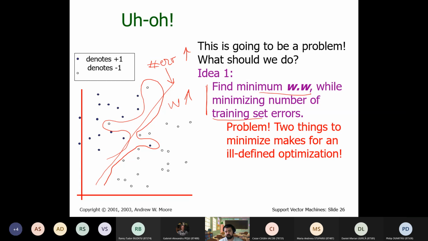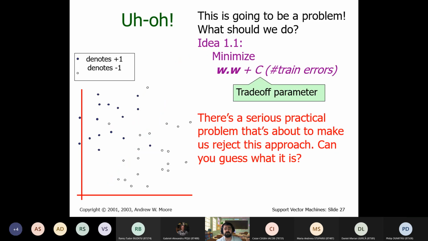So in order to use this definition of the classifier, you need first to set a trade-off parameter, this value of C, that will show you how much importance you give to minimizing this compared to how much importance you give to minimizing this.